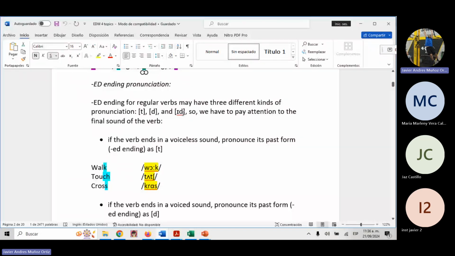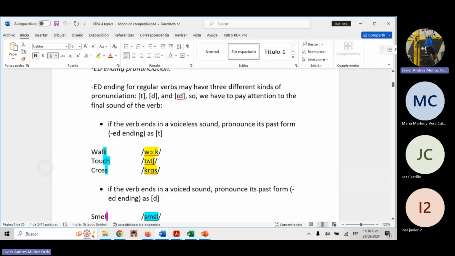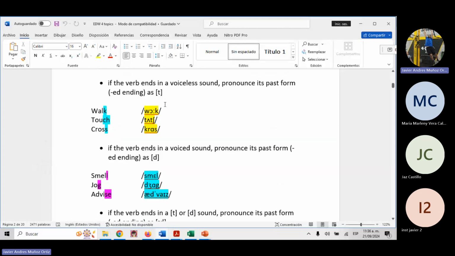The question is, when are we going to pronounce the ed ending as t, d, or id? That's the question. The answer depends. We are going to relate voiced sounds with voiced sounds and voiceless sounds with voiceless sounds. That's what we are going to do.